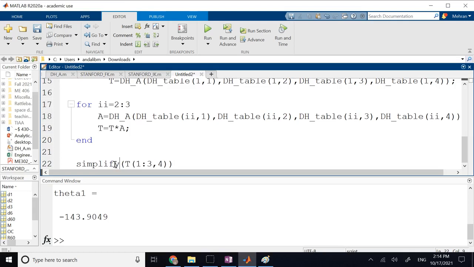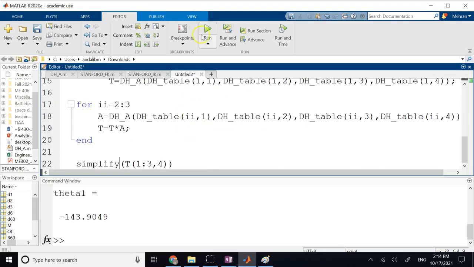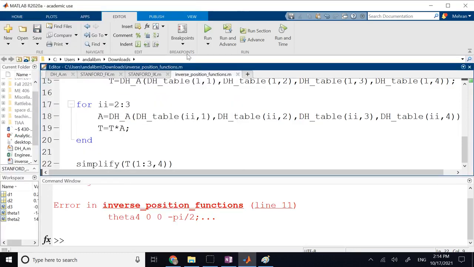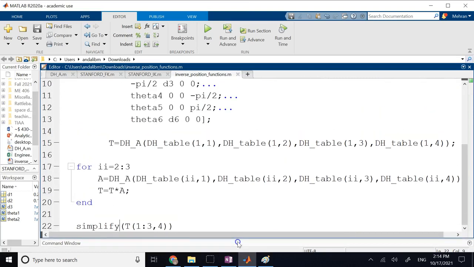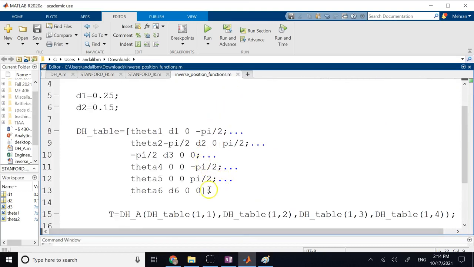Okay, so this is all I need to get my functions, and I just call it test, or maybe I call it inverse position functions. And oh, it is asking for theta 4 now. That is interesting, because there is no theta 4.